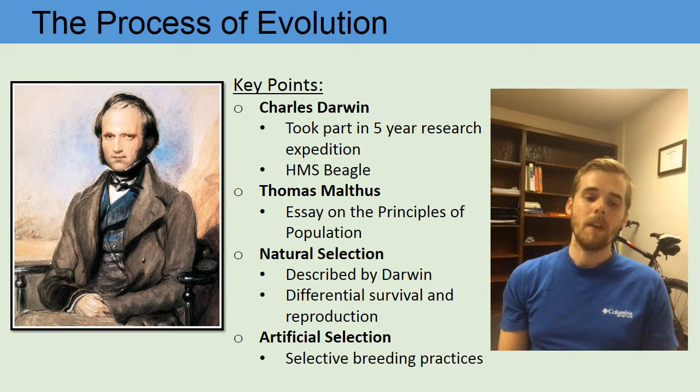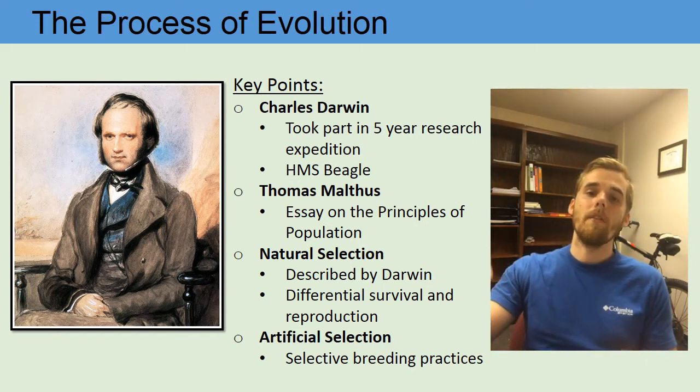And Darwin extended this idea to life in general, that not only does competition exist amongst humans in the context of an increasing population size, but that this must also be true for all other animals. That all animals' population sizes must continue to increase exponentially until there's such intense competition for resources that the population size would then level out.